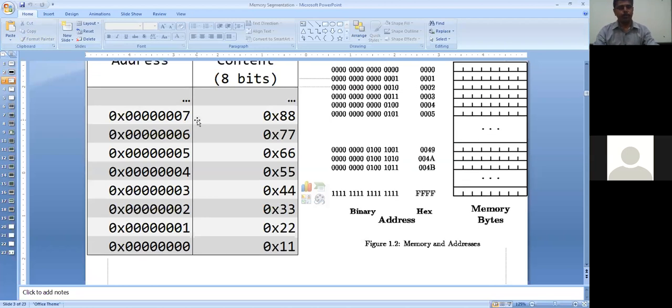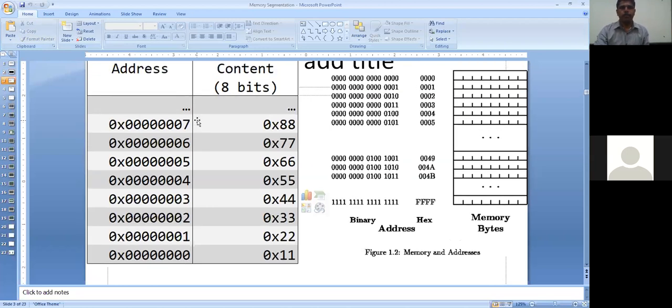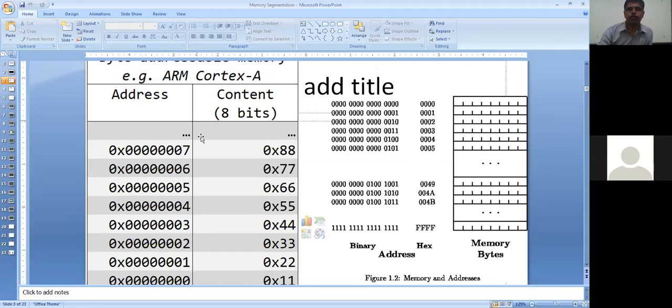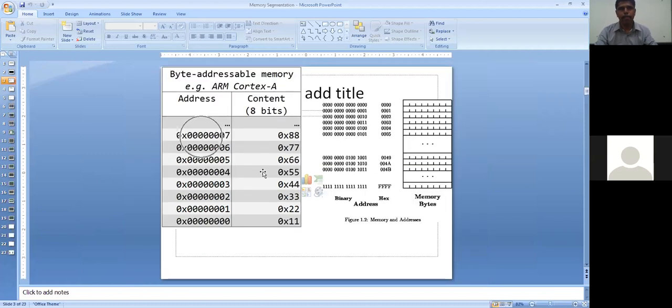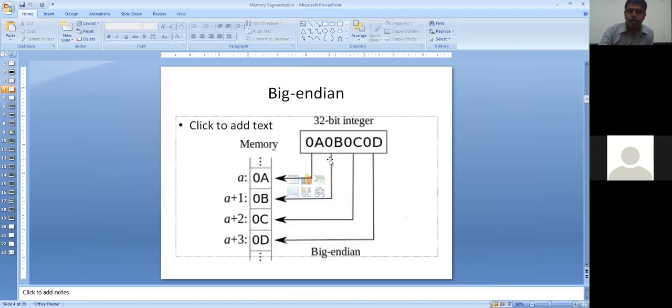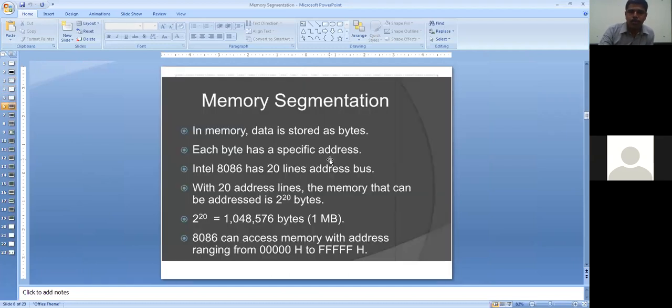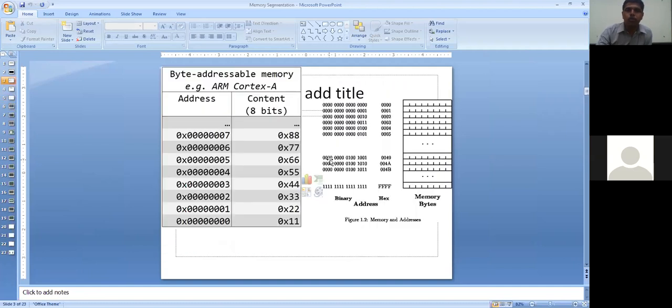Memory can be something like this. In computer terminology, any data is represented in terms of a number of bits.